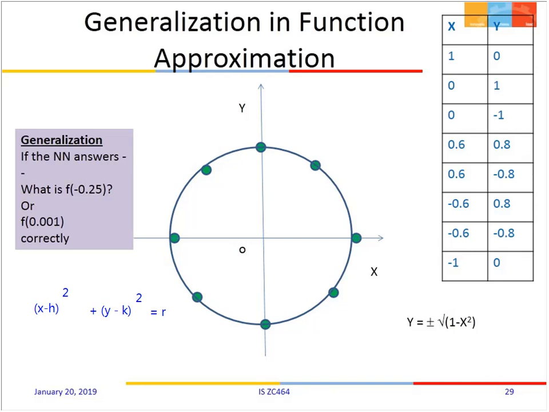So if you will expand these squares, what will you get? You will get x square minus 2hx plus h square plus y square minus 2yk plus k square equals r square. So how can you write it in the most generic way?